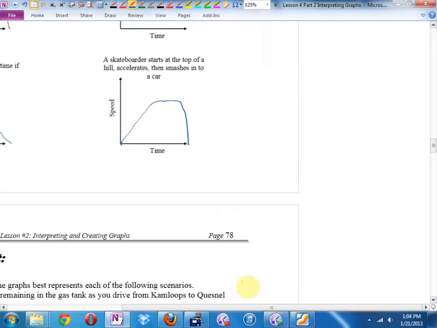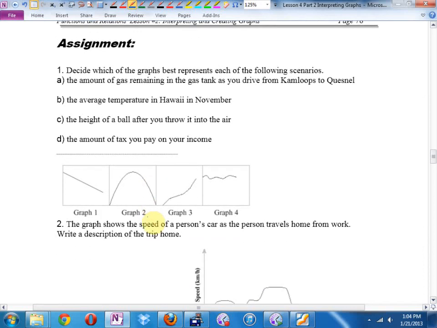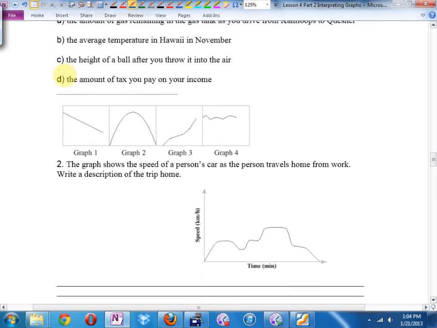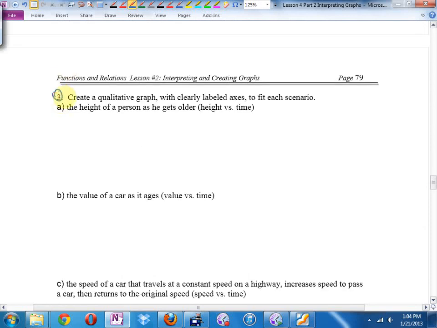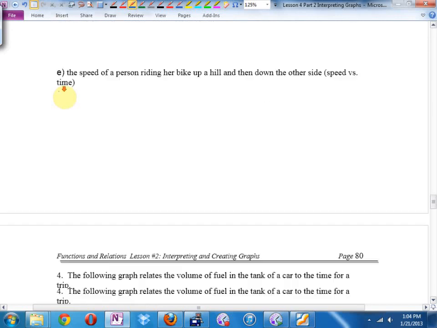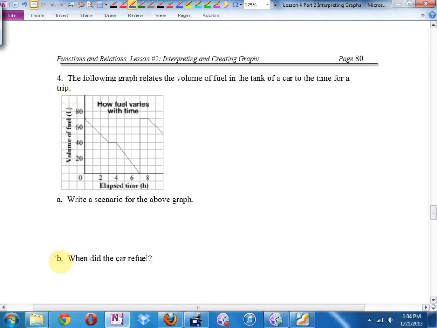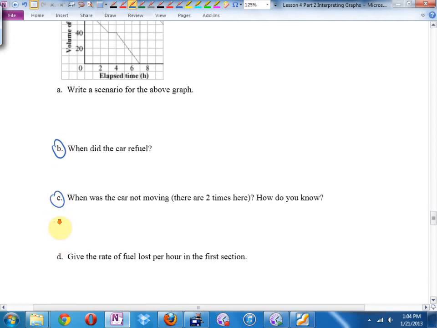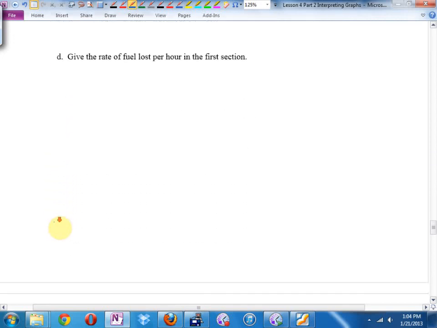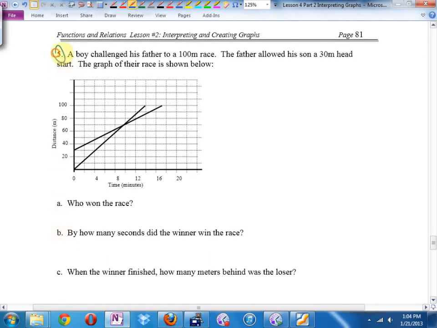Okay. What's your homework? A few things. You can try number 1. Three. 4B, 4C, 5.